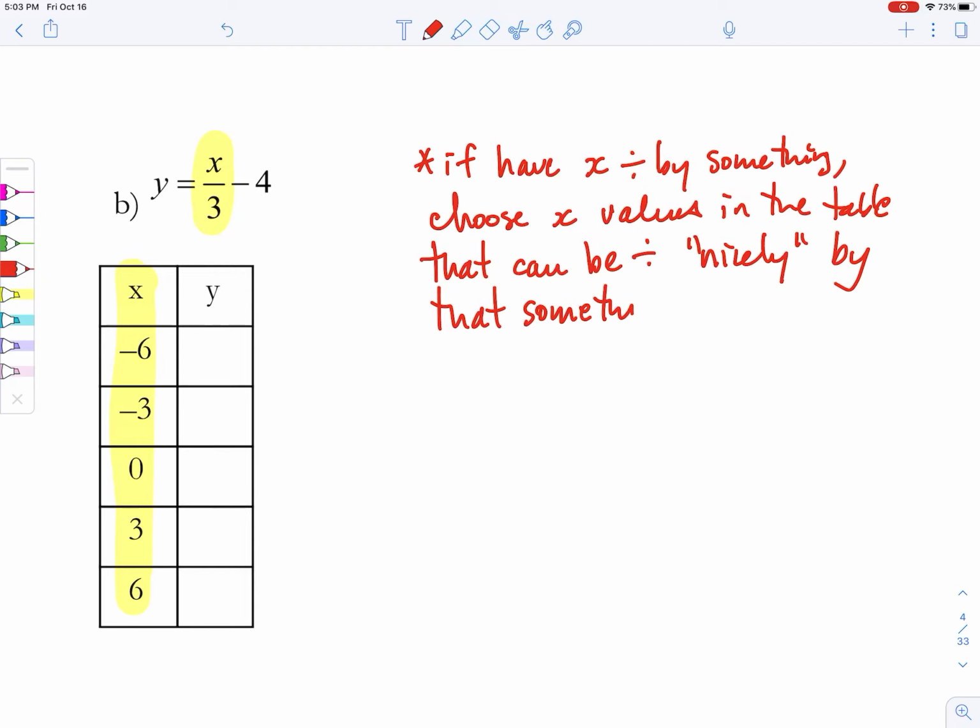So in this case, the denominator was 3. So all the x values were chosen so that they are nice numbers when we're dividing by 3.